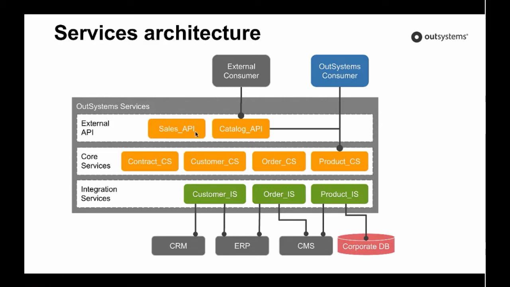So we provide some API or some method, and we receive some input, and we transform this input into our internal representation, and then we call the internal service. So the internal service does not need to be aware of the external consumer. It will be protected from that system that can change, or can be upgraded, or can be replaced by something else, and maybe we need to adapt the API, but it's completely separated.